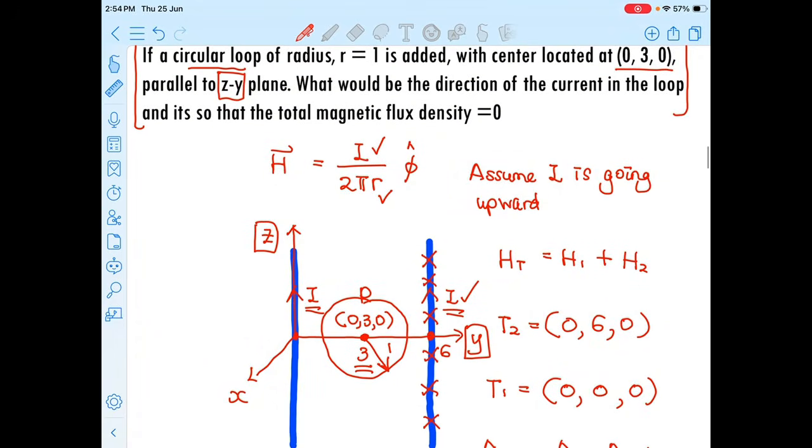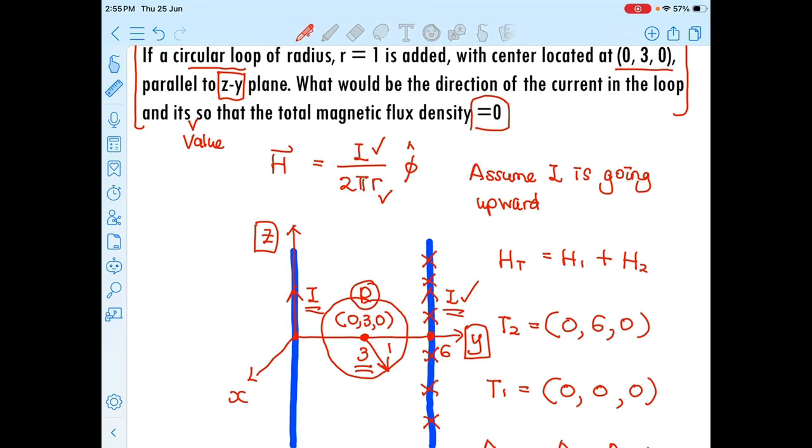So what will be the direction of the current in the loop, and its value, so that the total magnetic flux is equal to 0? We all know that just now we calculated that at this position P, the total magnetic flux density is equal to 0.